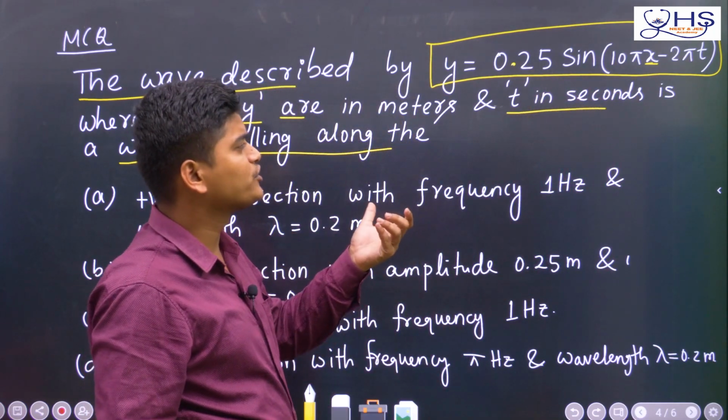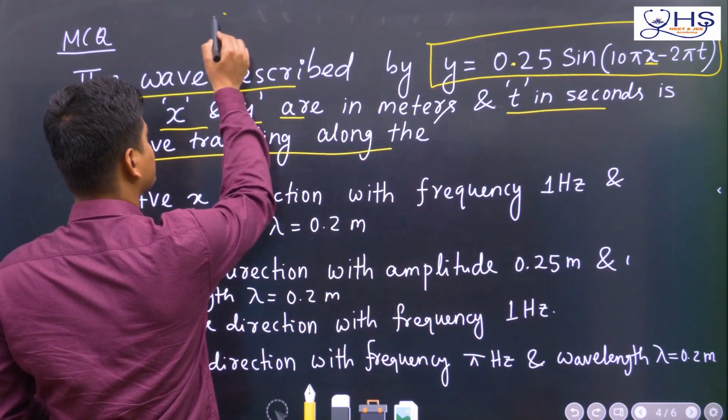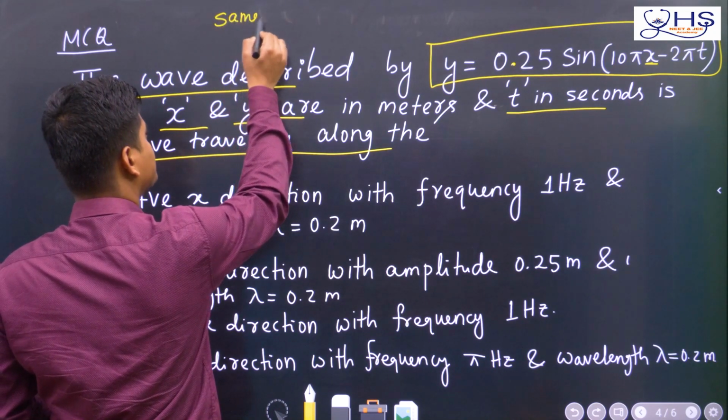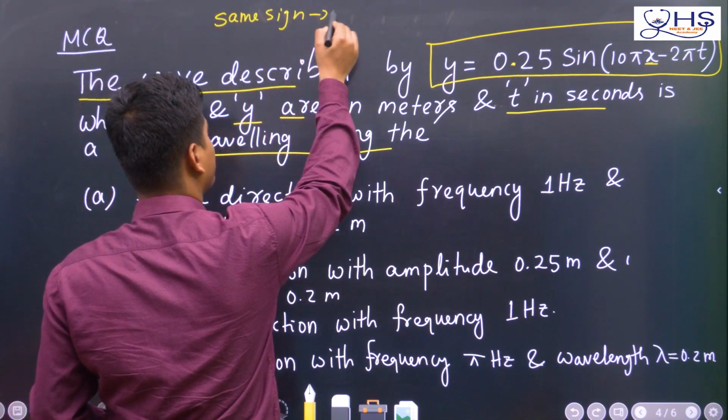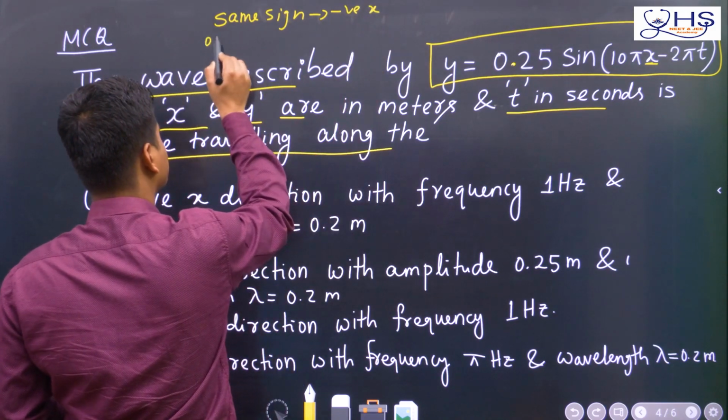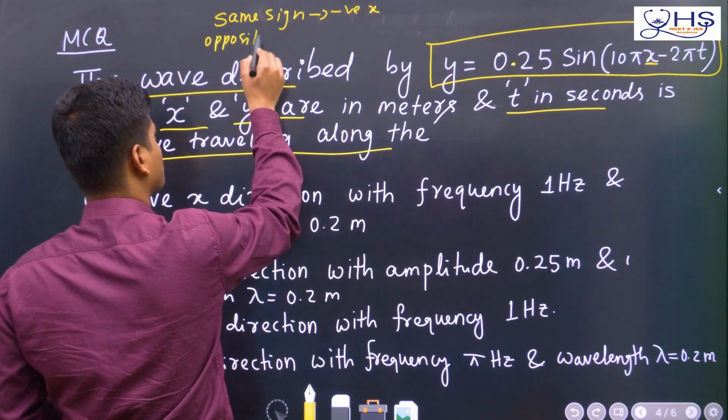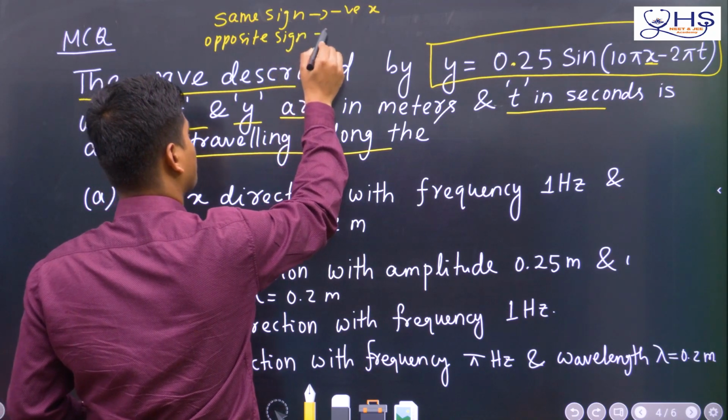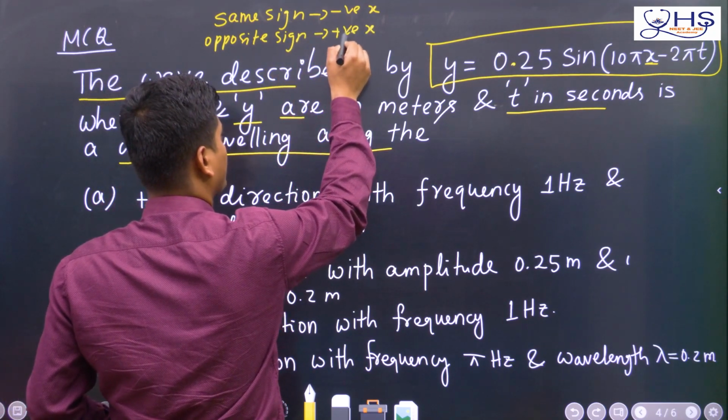But how to identify positive x or negative x? You have to check the sign of kx and omega t. If same sign, negative x. If opposite sign, positive x.